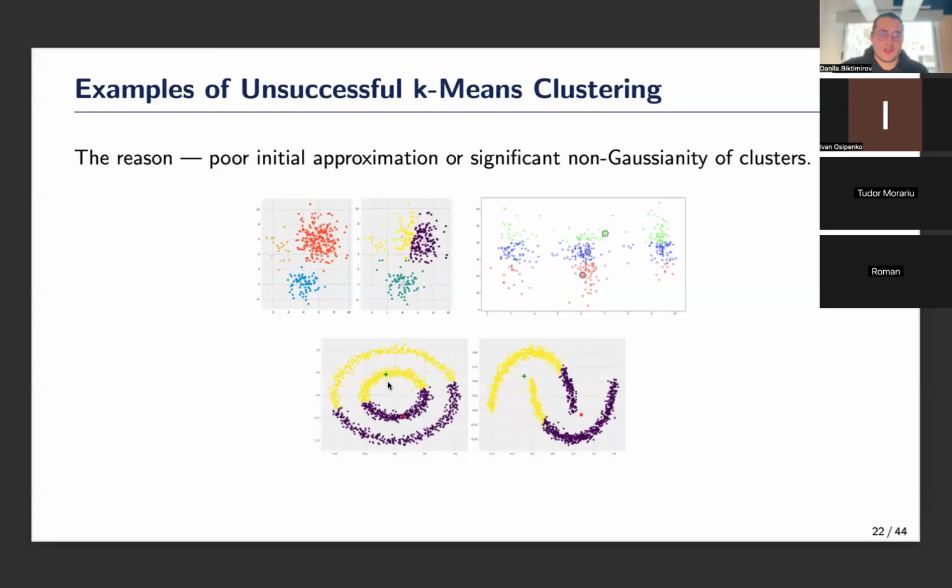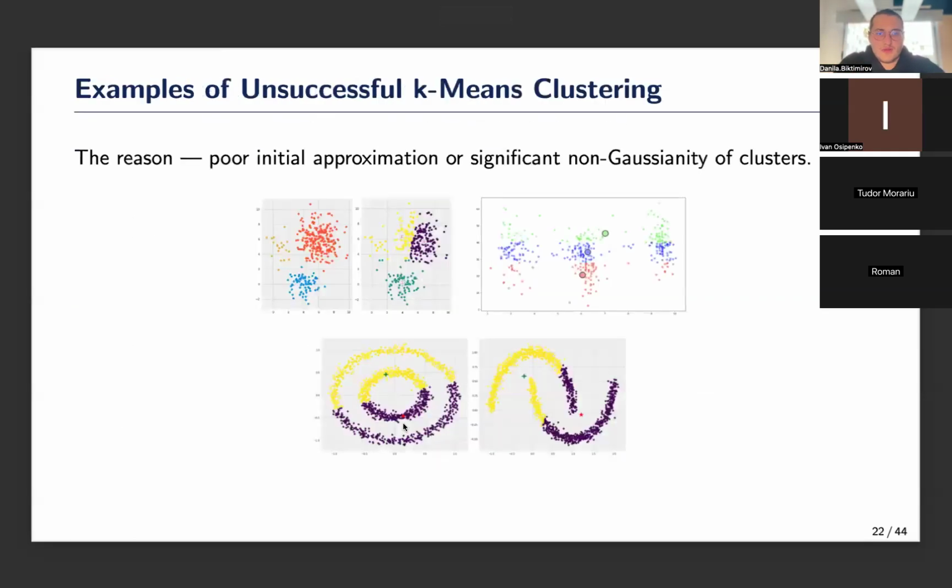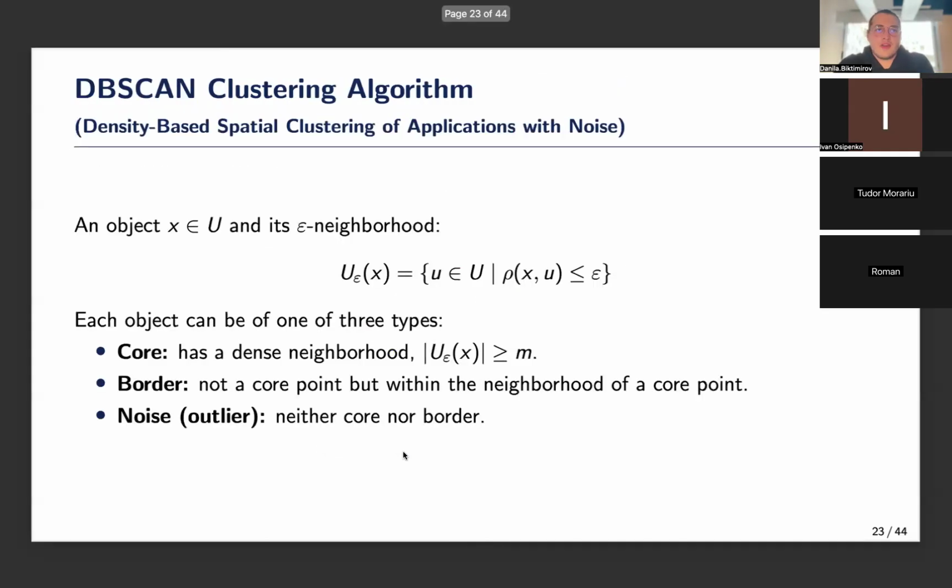No one can be placed inside one sphere without touching another cluster. And that means k-means will fail on this task. So let's move on to an algorithm that solves the problem of non-spherical clusters. Here we can have an issue: k-means never produces this style of clusters.